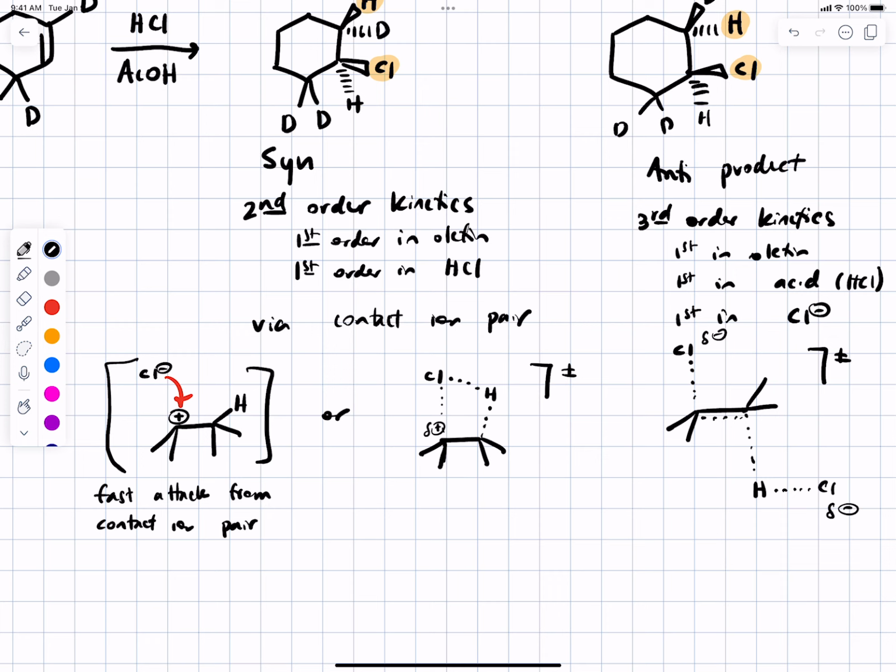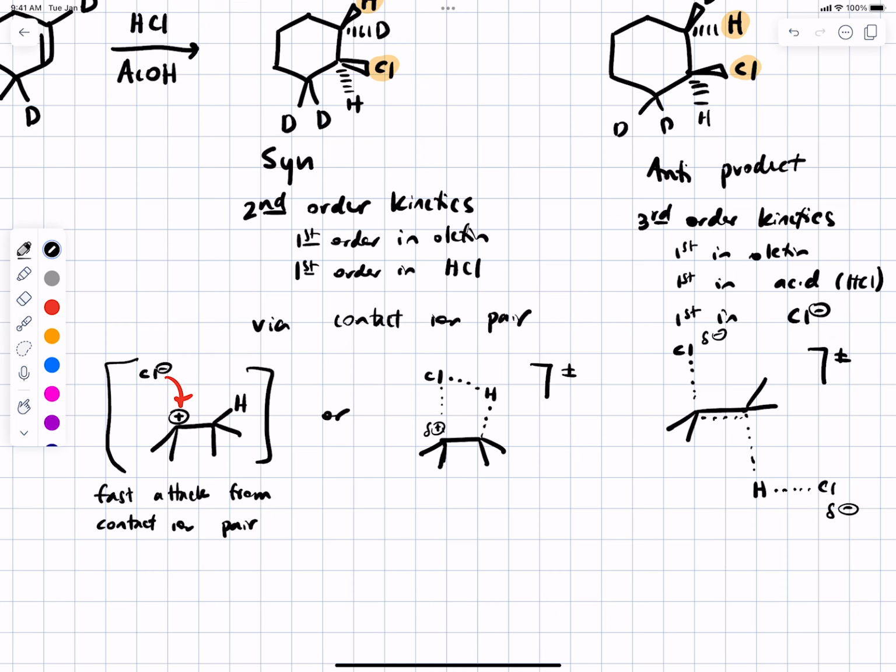And that's weird, in part because you have three things happening at once. Termolecular or three molecular collisions coming together are really rare. So likely what has to happen is that the HCl complexes the alkene first, some weak loose complex that doesn't proceed to full protonation until the chloro comes in from the backside.